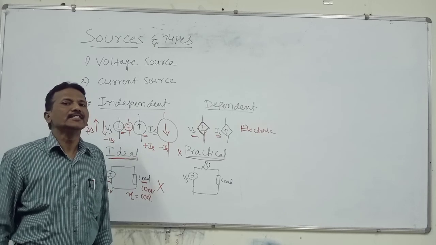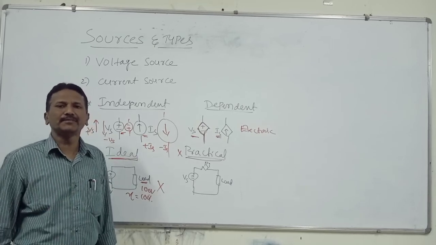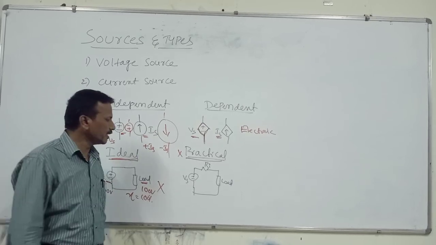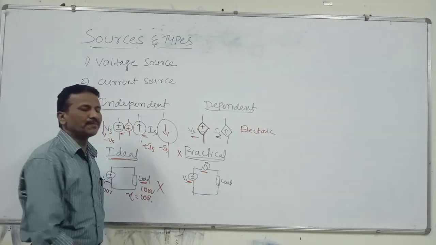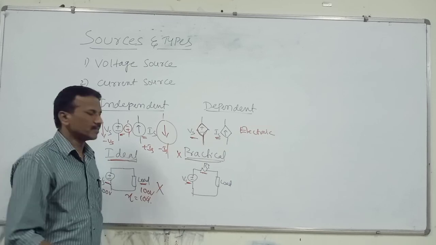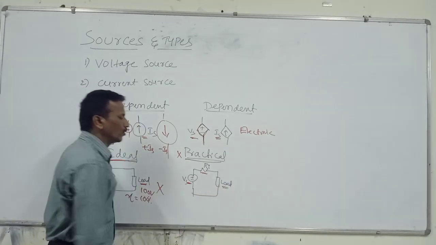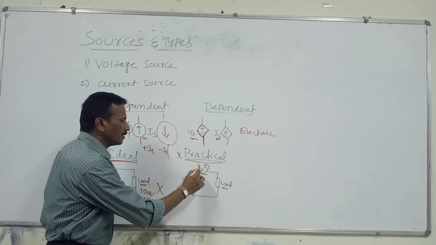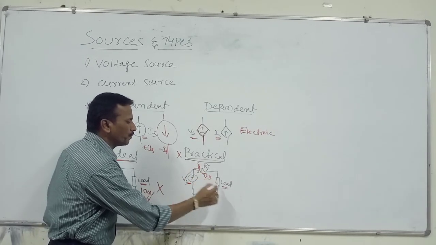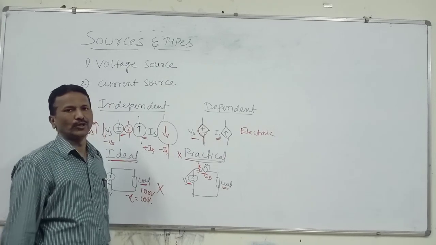Practical means something changes in the system. Here the voltage source is there, and we have some path, some internal resistance, and then the load. The source current flows with some voltage drop, then across the load.